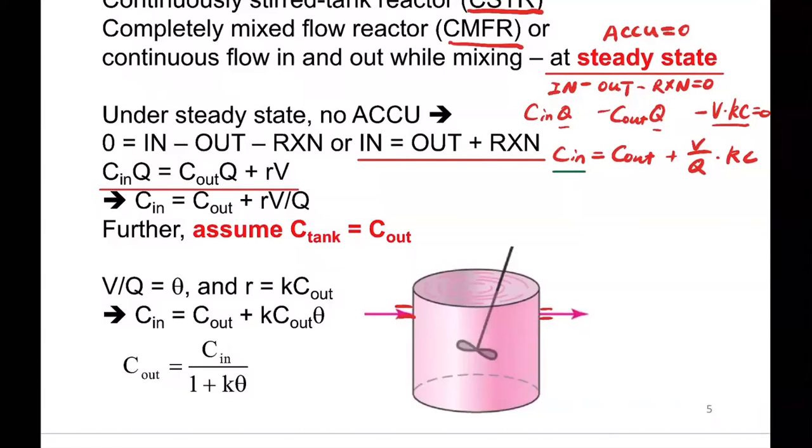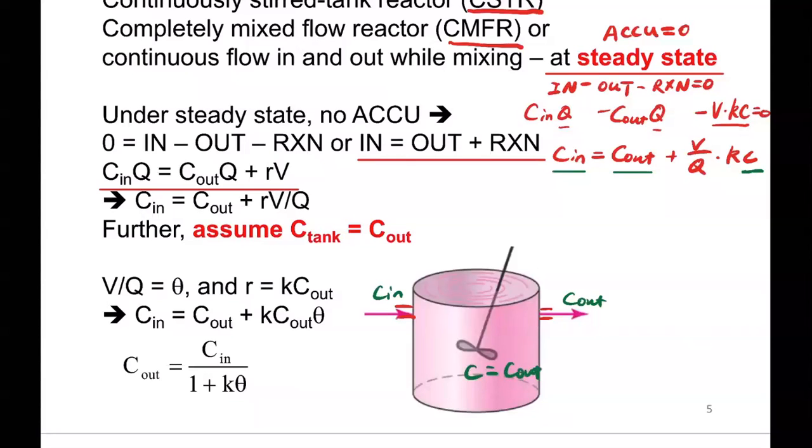We have the concentration of the pollutant out of the tank. And here, this C is actually the concentration in the tank, right? So basically we have C in here, we have C out here, and we have C here, right? Then comes the second most important assumption for the CSTR: that we assume C is equal to C out.